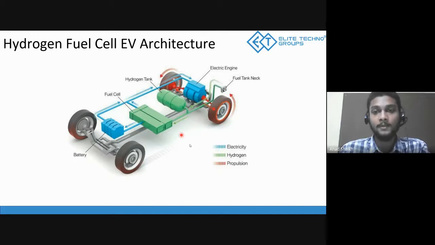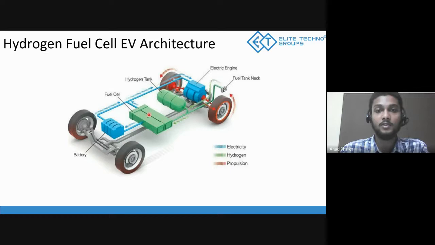Okay, yes. Wherever there are red marks and arrows, it shows the flow of mechanical energy. So what happens in a fuel cell electric vehicle? We have to fill the fuel tank, which is a hydrogen fuel tank. There is an inlet, and we fill the hydrogen in the tank, and that tank stores the hydrogen.